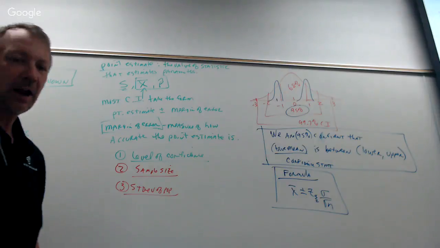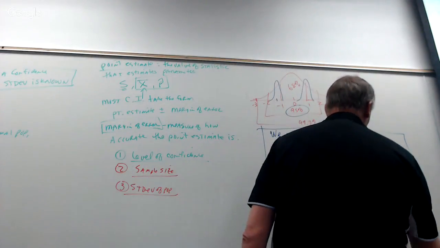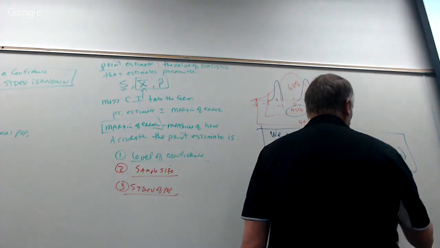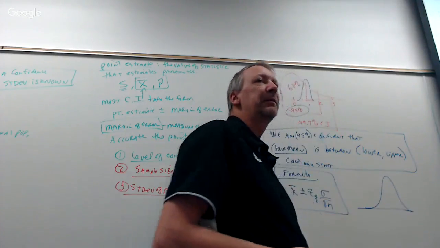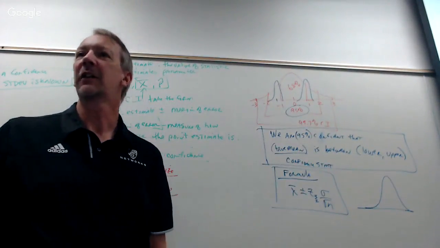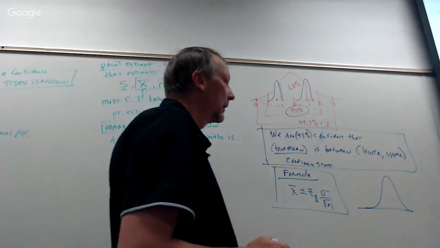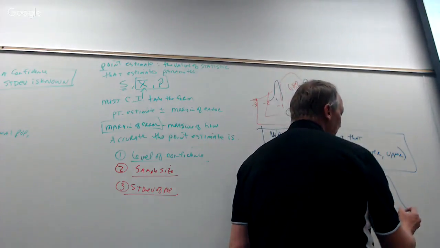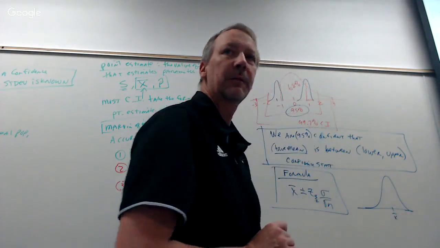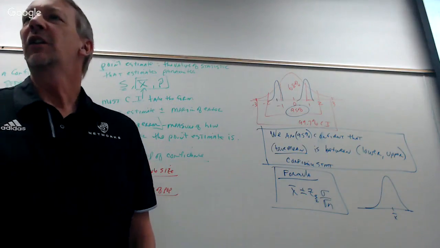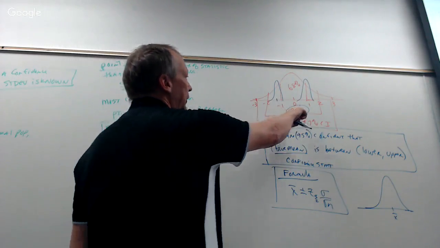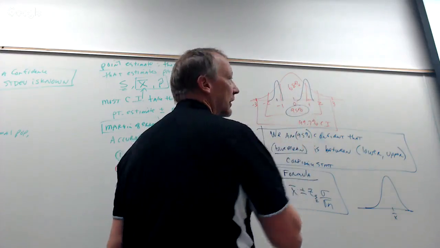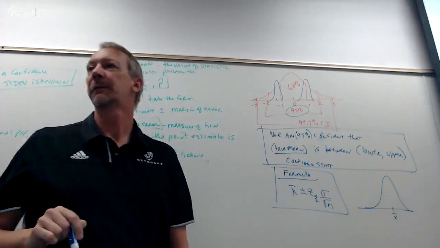So let me explain what's happening here. The idea here is you do some sort of a sample. You talk to 100 people, 500 people, 1,000 people, 30 people, whatever. And you're going to get some sort of an X bar, right? You don't know if your X bar matches the real mean, okay? It could be higher, it could be lower, right?